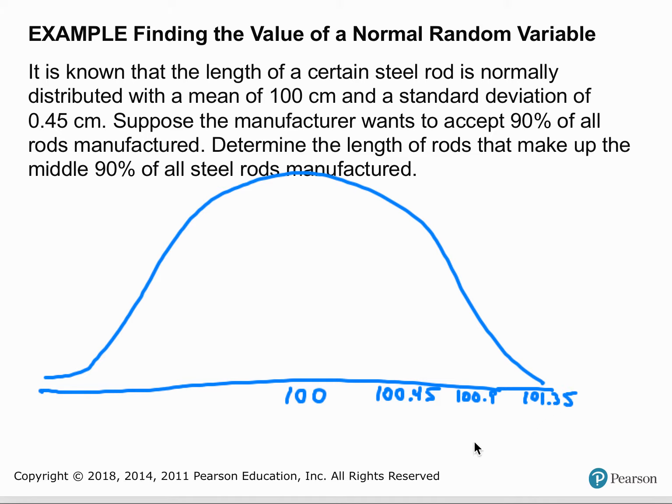And then 100 minus 0.45 is 99.55. Minus 0.45, 99.1. And minus 0.45, 98.65. Okay, remember that's also if we use z-scores.